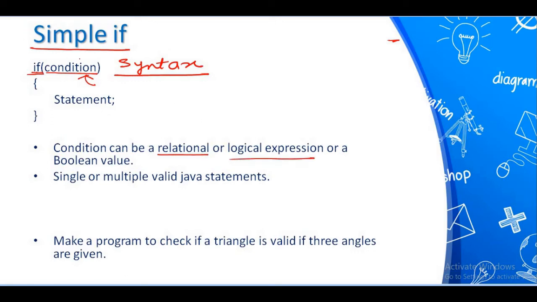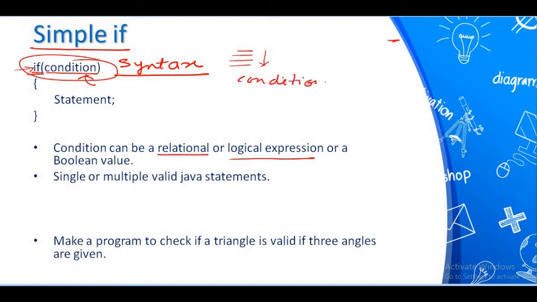So first of all, I just want to tell you what this if statement actually does. Whenever there is a sequence of statements, and the program is executing this set of statements, and then the if statement is encountered, first of all the condition is evaluated, and the condition is checked.